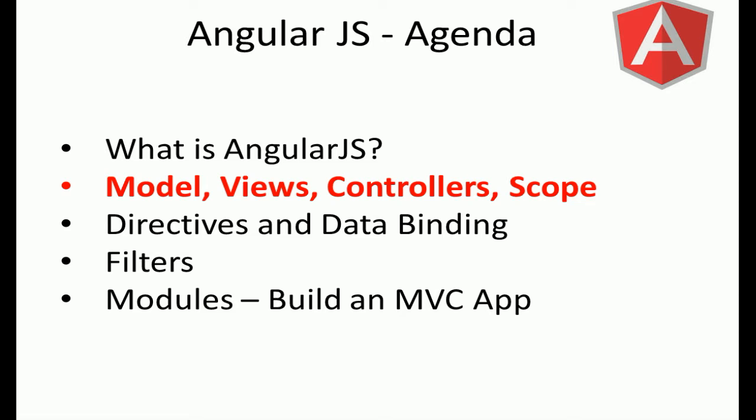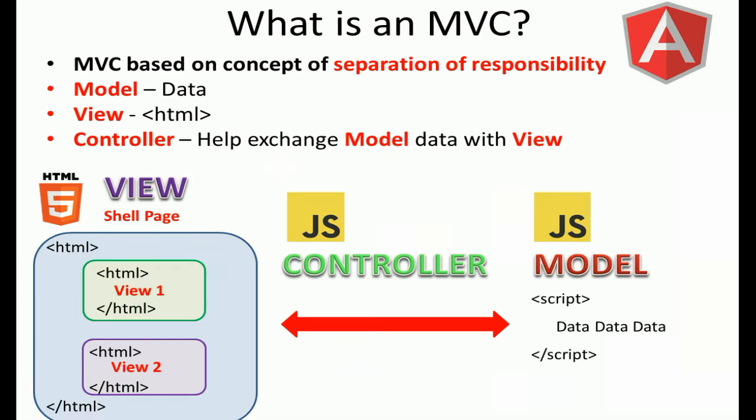Let's jump in with an introduction to models, views, controllers, and then the very important scope object. What is an MVC framework? These MVC frameworks have been around for some time.